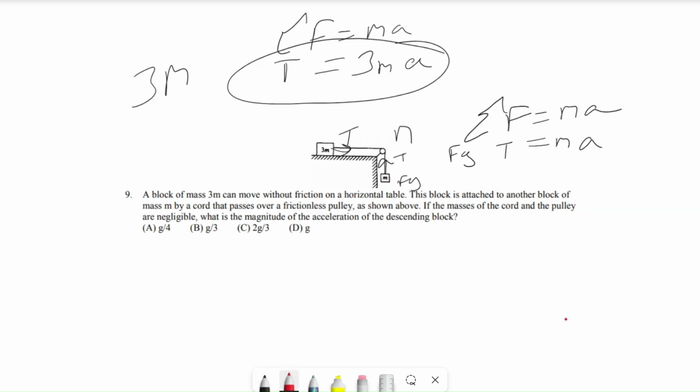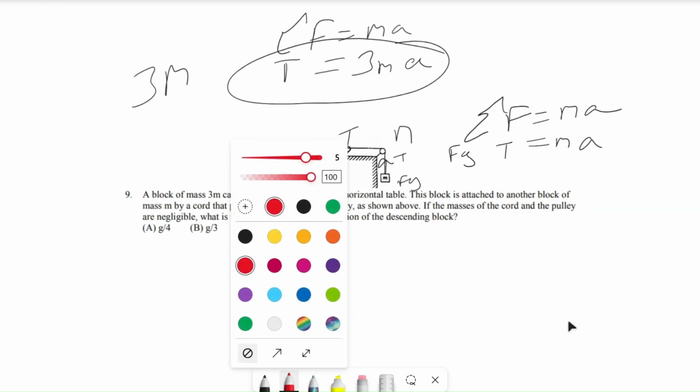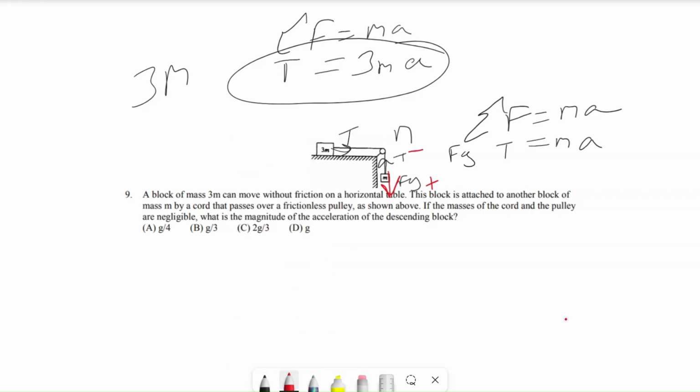And since it's going to be traveling downwards, that means it's traveling in the positive direction because the force acting in the motion is going to be positive, and the tension is going to be negative because as the block is going downwards, the tension is acting in the opposite direction, meaning it's opposing the way the block is supposed to travel. And since it's opposing the intended way the block is supposed to go, it's going to be negative.